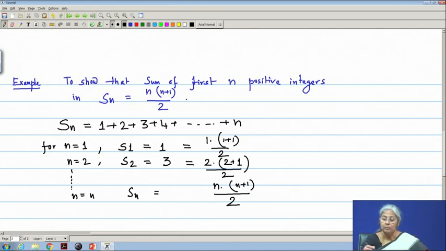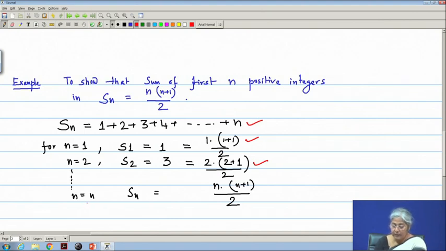Now, from the given series or this formula, we can see that for S1 equal to 1, this is true, we give a tick mark. For n equal to 2, 1 plus 2 is 3, so the formula is true.